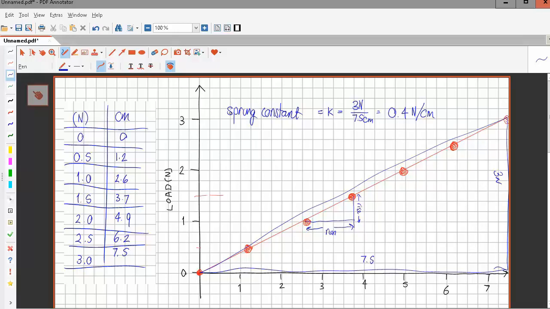The other quantity that we want to calculate is called the compliance. The compliance is the reciprocal, meaning 1 over the spring constant.